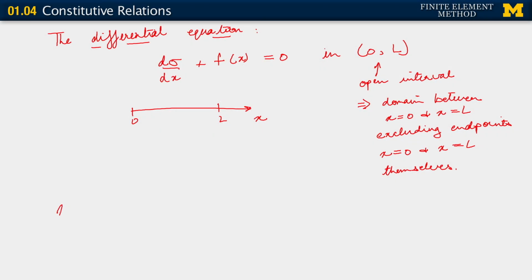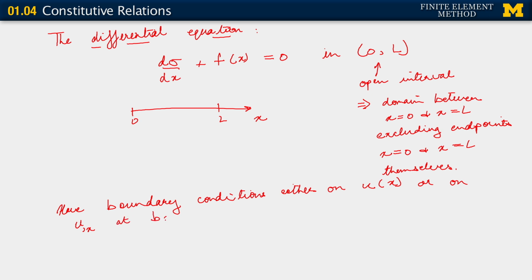So let me just state that. This is because we have boundary conditions, and those boundary conditions are either on the primal field itself or effectively on u comma x, at the boundary points.